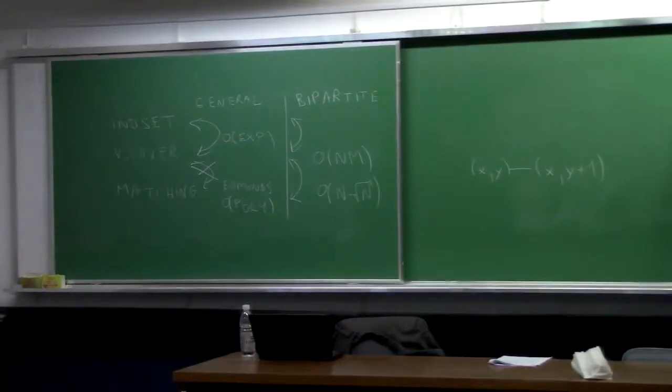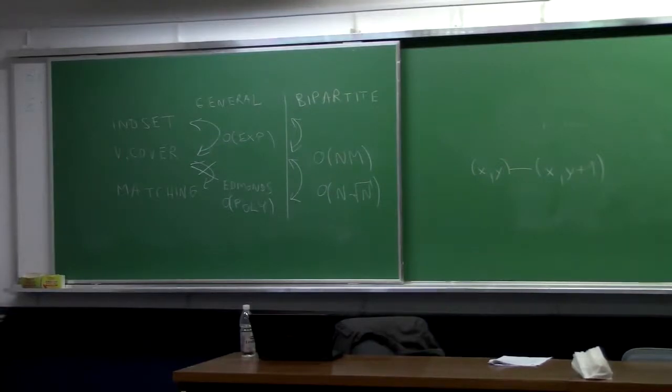So we have the partition of black vertices, the partition of white vertices, for example, like this, and we have some edges between them.